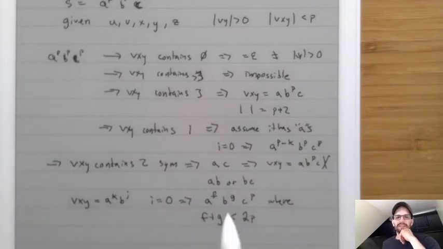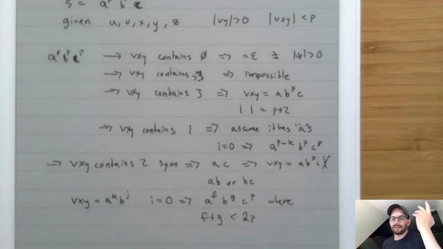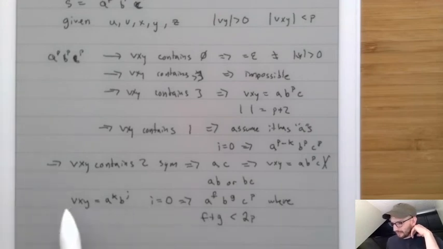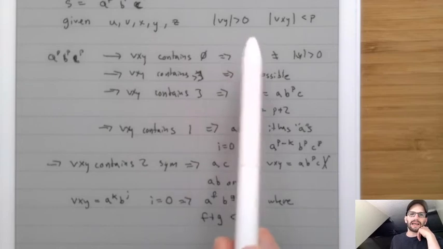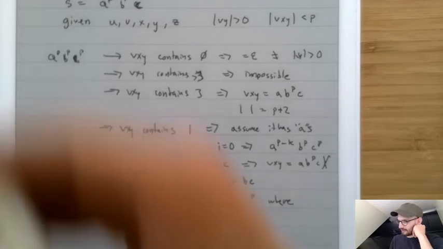We know that it's going to be less than 2P because we set I equal to 0, and vxy contained some A's and some B's. We don't know which ones it contained. We haven't really thought about that. It doesn't really matter, because if we set I equal to 0, that means that we drop away v and we drop away y. Now, v and y had to be greater than 0 in length, so that means it had to contain something.